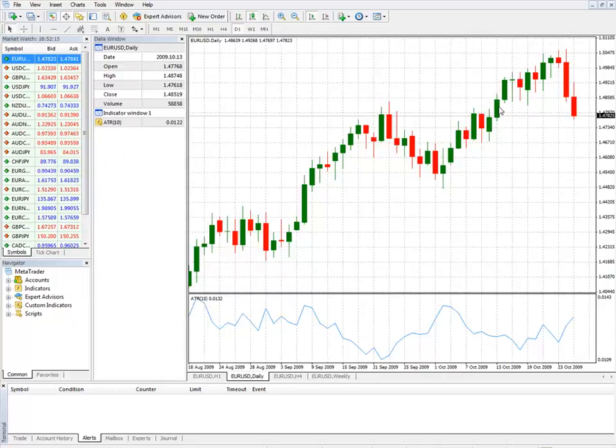So that'd be $1,000. That $1,000 would be 1/5 or 20% of the total $5,000. And that would be too great of a risk per trade.